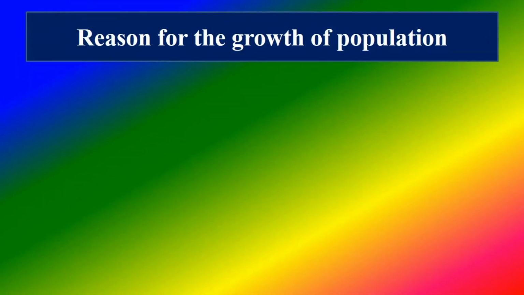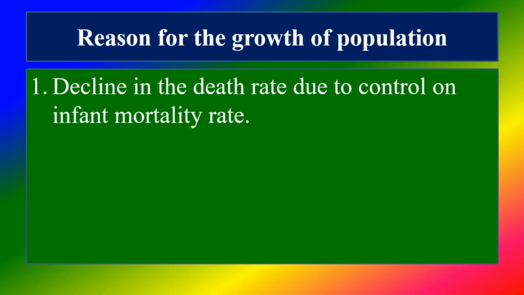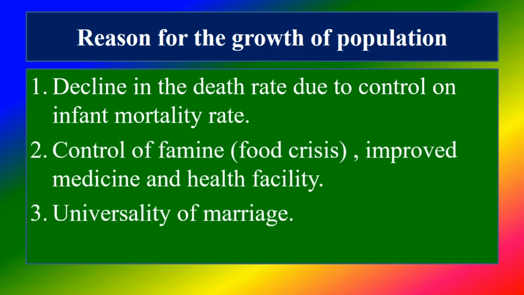Reasons for the growth of population. First reason, decline in death rate due to control on infant mortality rate. Second, control of famine, food crisis, improved medicine and health facilities.